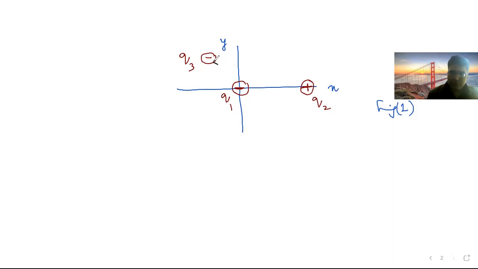This is the line drawn this way to make it clear. This angle is here, theta, this angle.